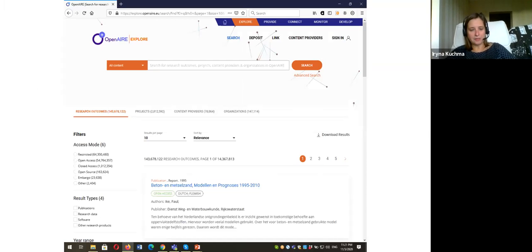Embargoed access means that they will be made open after the embargo period ends.